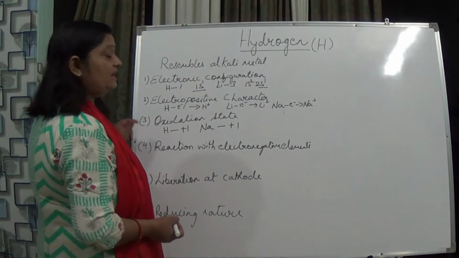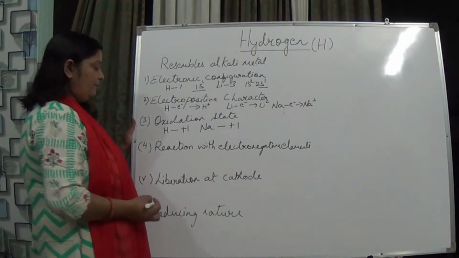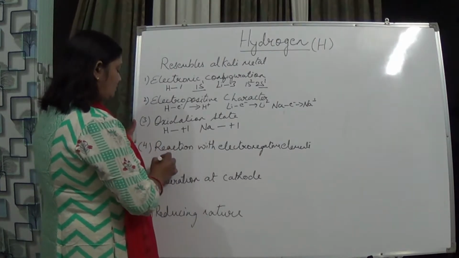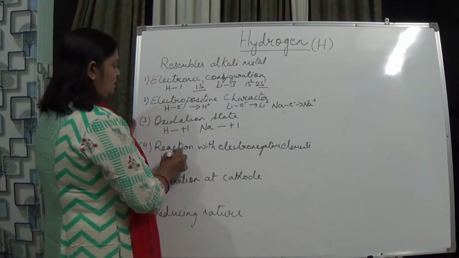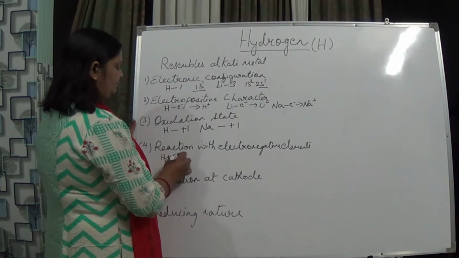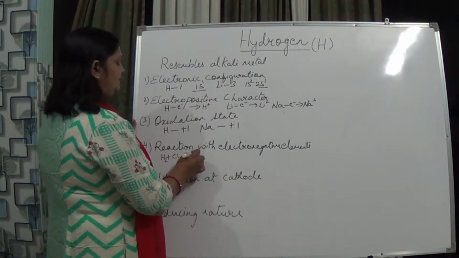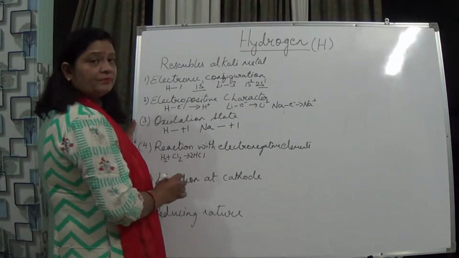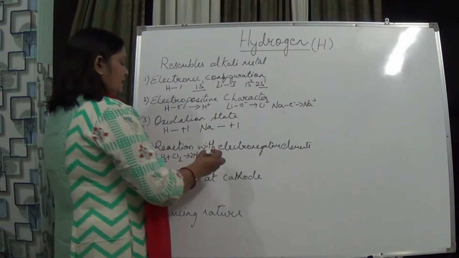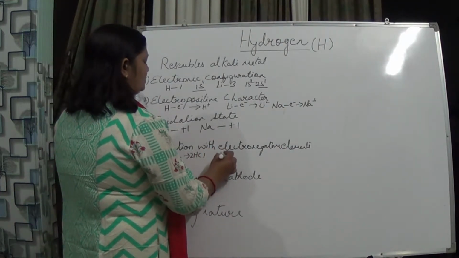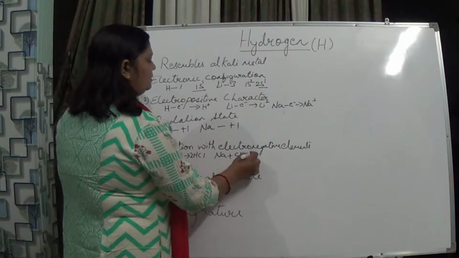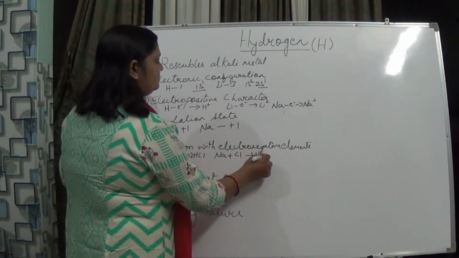Now, reaction with electronegative elements. Hydrogen can react with chlorine to give HCl. Sodium can also react with chlorine to give NaCl.